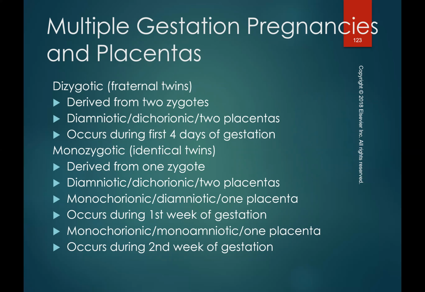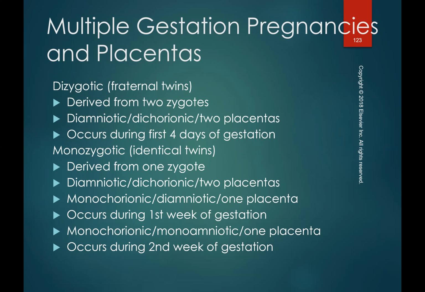They have their own genetic makeup. They most likely came from two different eggs. So they're kind of just like siblings that are sharing the womb at the same time. And probably the safest twin to have because they have their own placenta, so they're not having to share blood flow or anything.